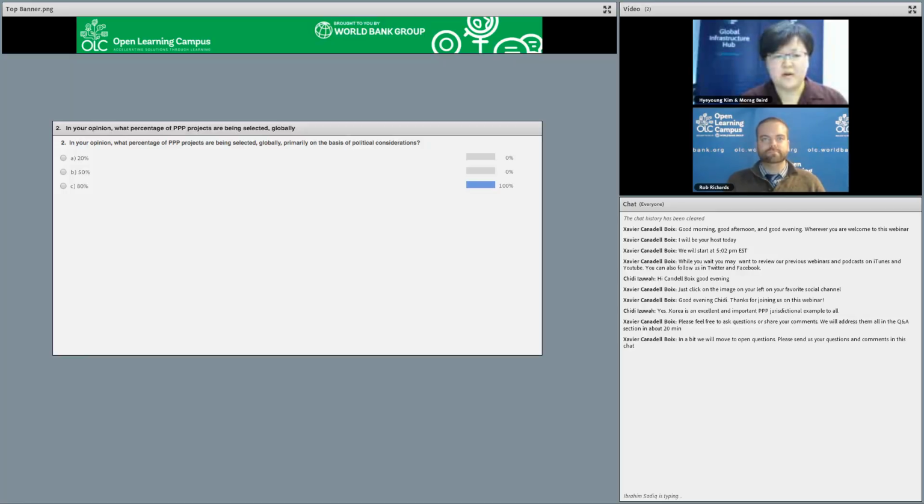So to avoid politically biased decisions, our country and our PPP unit are updating and researching clear criteria on which standard and which criteria should be applied to the selection of PPP or other infrastructure projects.